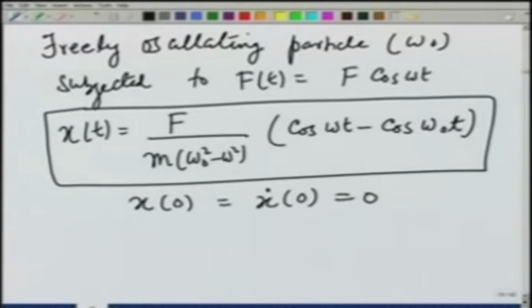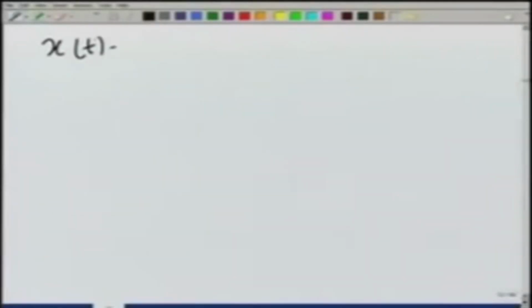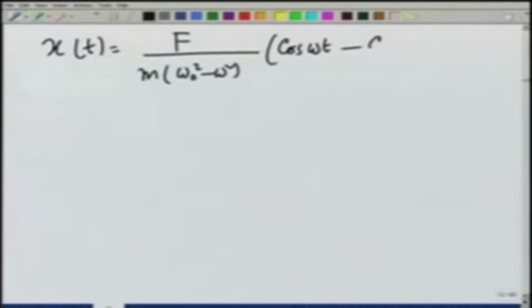How does this solution look? It has two frequency components, omega t and omega naught t. So, it is obviously not harmonic, but it is a superposition of two different frequencies. If I were to make this on a phasor diagram, which gives me an analysis of this, I am looking at the solution x of t is equal to F over m times omega naught square minus omega square, cosine of omega t minus cosine of omega 0 t.